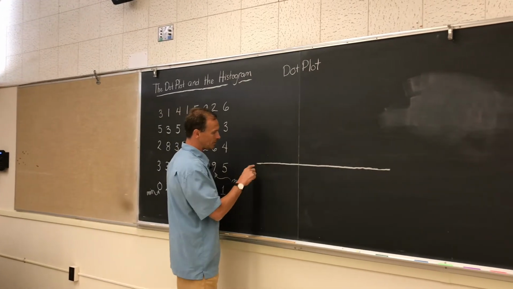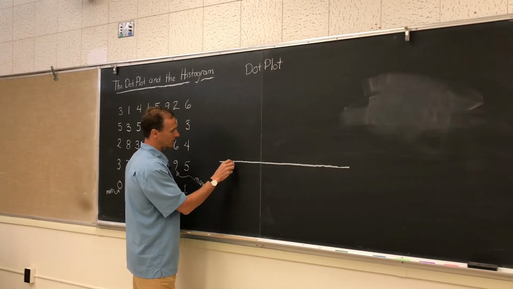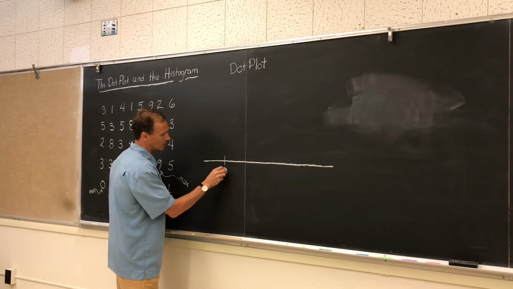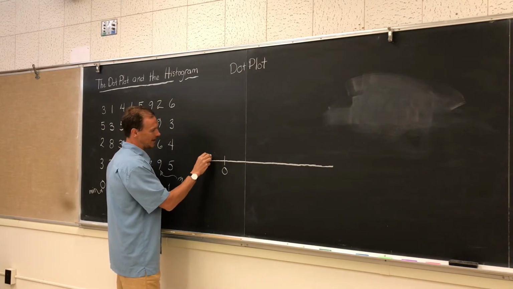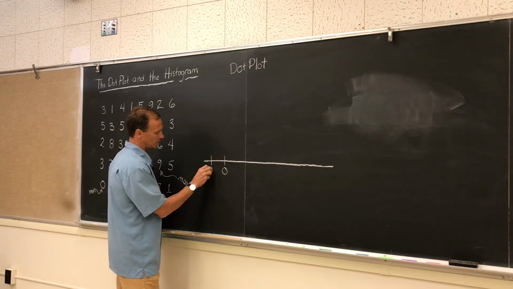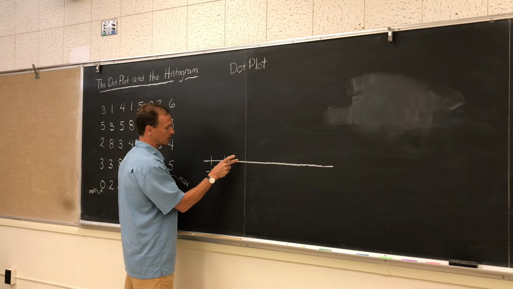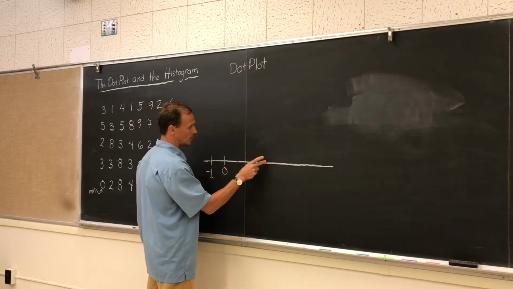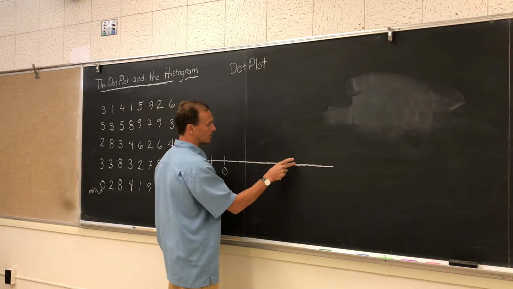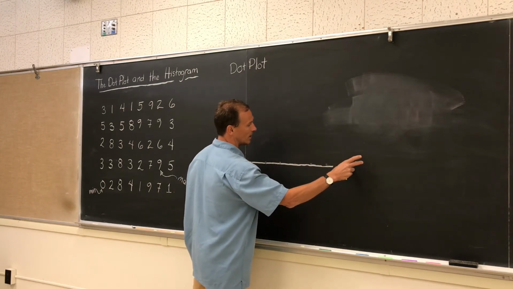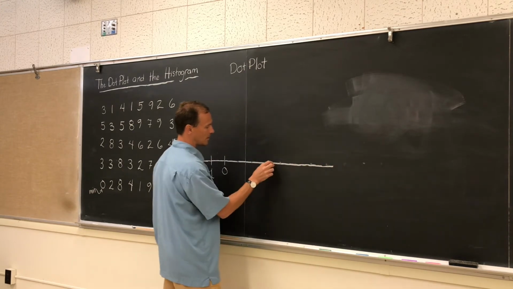I'm going to leave myself some space. Here's my 0. Let's leave room for a -1 if we need it. You never know. And then let's put our numbers down. So there'll be 1, 2, 3, 4, 5, 6, 7, 8, and 9. I'll go one more out.